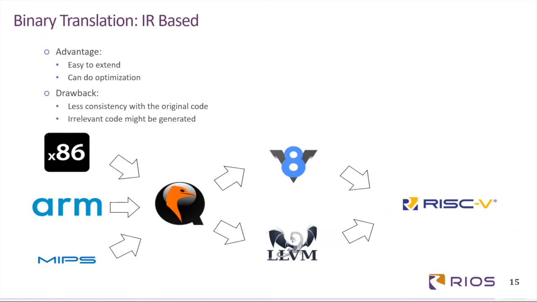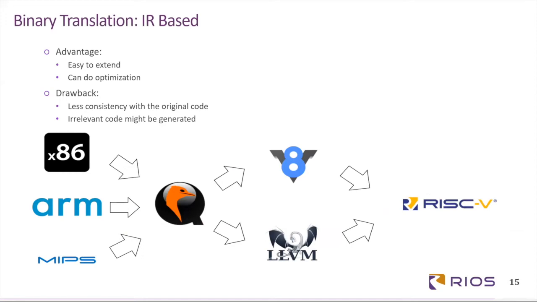I should first introduce the method. Maybe you have an x86, ARM or MIPS binary. You lift it up to the QEMU TCG IR, and then maybe go through LLVM.